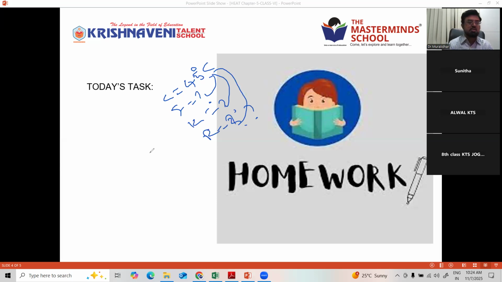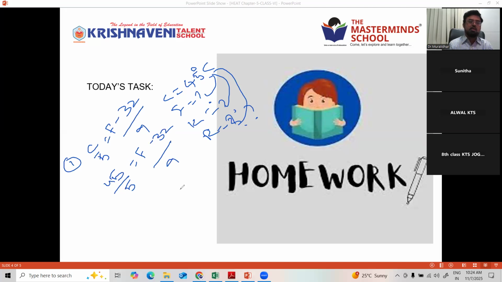So first we'll convert into Fahrenheit. When you convert into Fahrenheit, what formula you have to use? We have to use C by 5 is equal to F minus 32 by 9, because we are converting C into F. So C is given as 45. So in place of C, we can write 45 by 5 is equal to F minus 32 by 9.